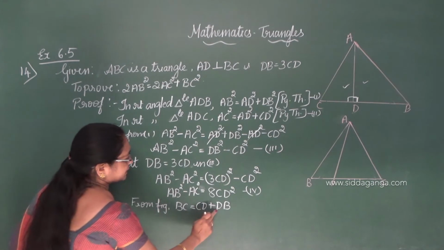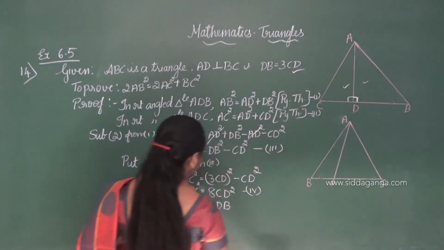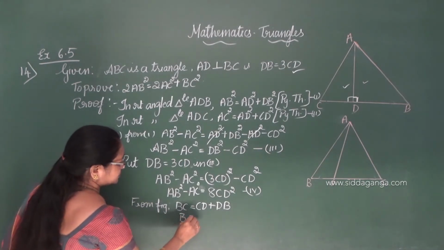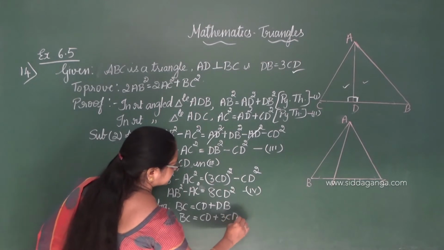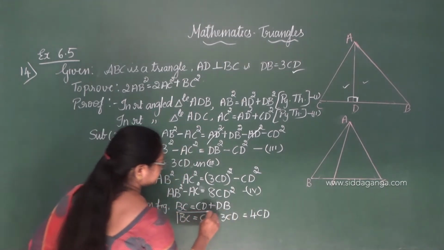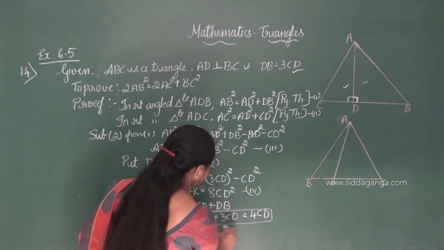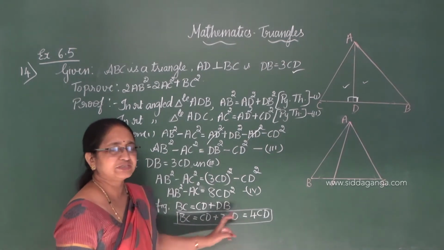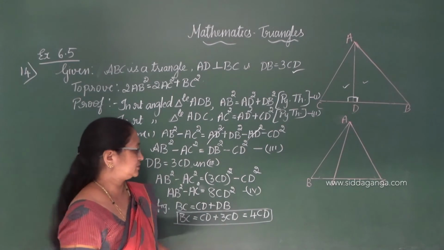Now if I apply the value of DB, we have DB is equal to 3 CD. So I will apply here BC is equal to CD plus 3 CD. So you will get 4 CD. See here, BC is equal to 4 CD, or CD is equal to 1 by 4th of BC.